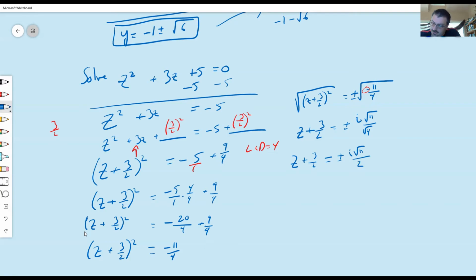The square root of 4 is 2. Now all we have to do is get z by itself. So minus 3 halves, minus 3 halves. So z equals minus 3 halves plus or minus i square root of 11 over 2.